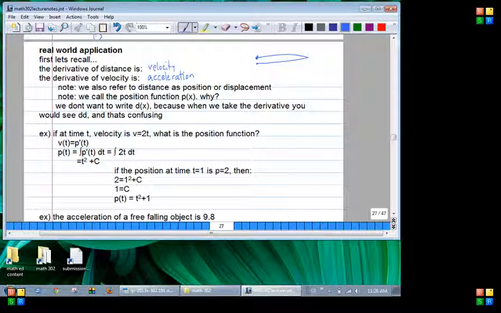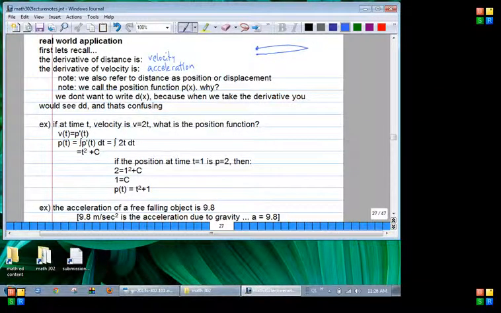Now there are actually two different numbers for it. One of them is 9.8 meters per second squared, and the other option is to say 32 feet per second squared. I'm always going to use metric units because metric units actually make sense. American units, not so much, as we'll see in another example coming up.